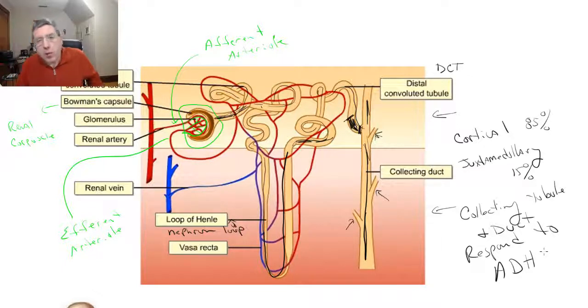Okay, and once we get into more detail about ADH, you have a cursory knowledge of that right now, and you know that ADH decreases urine output. So these are the regions that ADH has an effect on, where we reabsorb some of that water. Okay, and then as this goes down, it leads into the papillary duct.